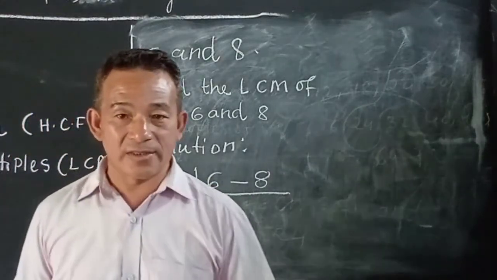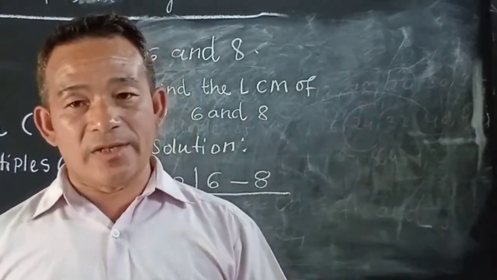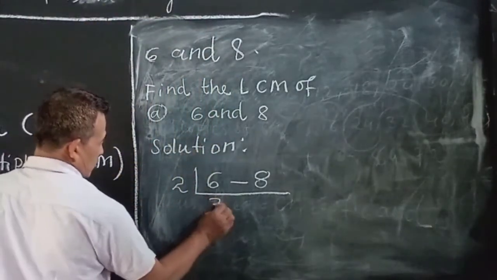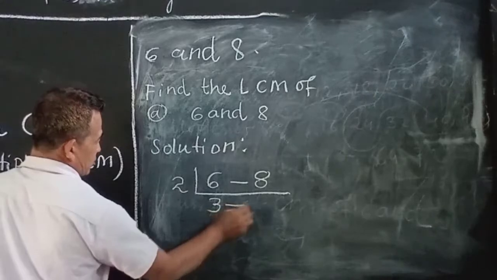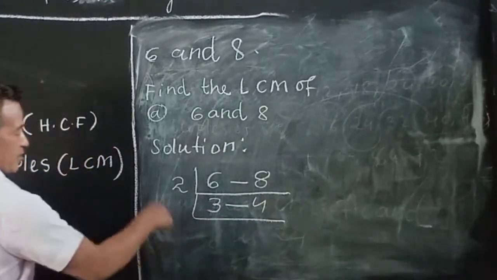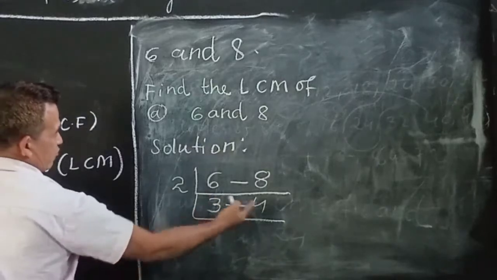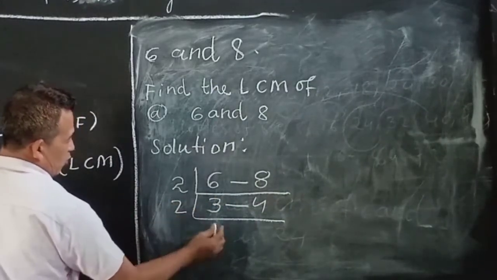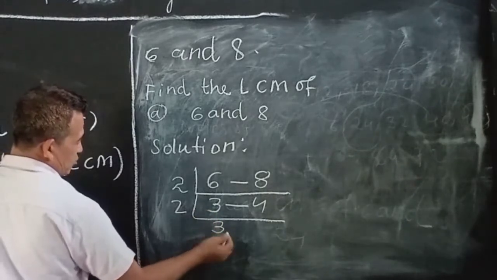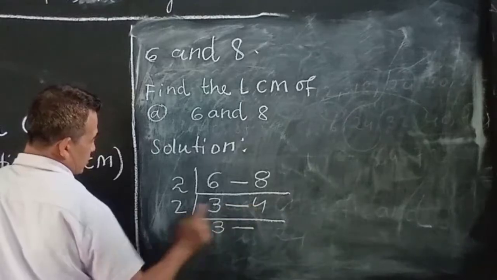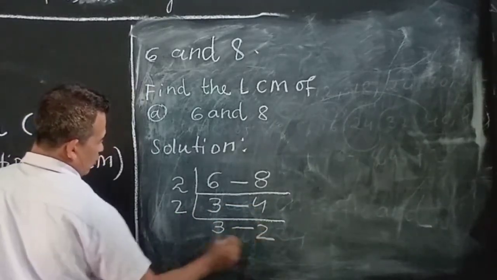You have to find out the smallest number which will divide both 6 and 8. So here 2 3s are 6 and 2 4s are 8. Again you will divide this 3 and 4 by a number. So 3 is not divisible, so you will write 3. Then 4 is divisible by 2, 2 2s are 4.